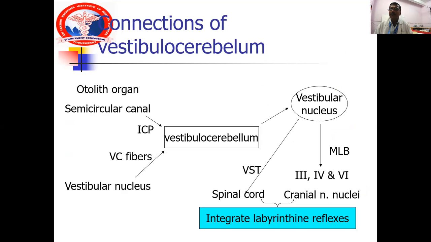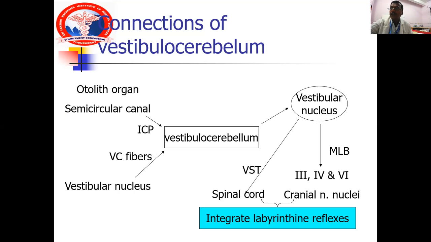Connections of the vestibulocerebellum. So the vestibulocerebellum receives the input from the otolith organ, semicircular canal, and vestibule, then it goes to the vestibulocerebellum and the vestibular nucleus. And vestibular nucleus to the vestibulocerebellum and then vestibular nucleus.